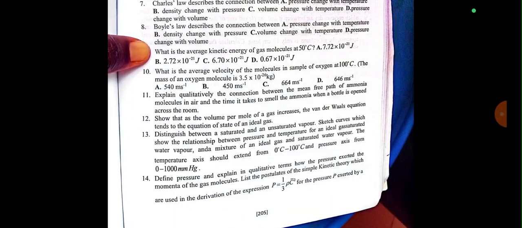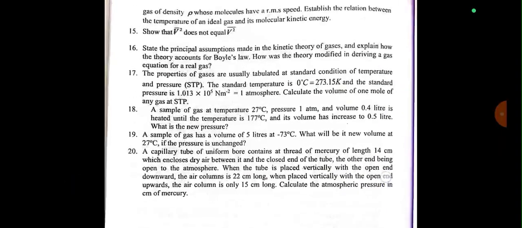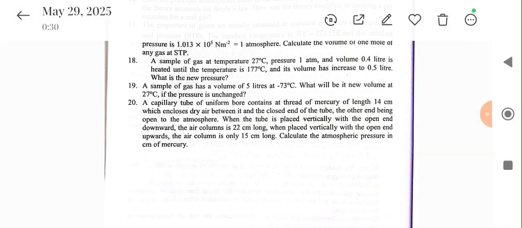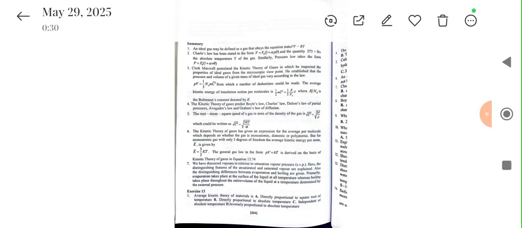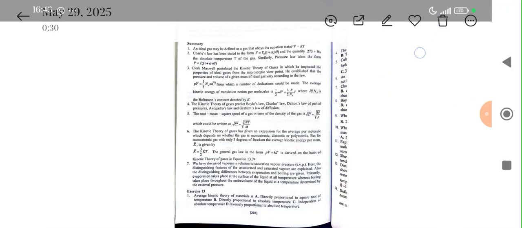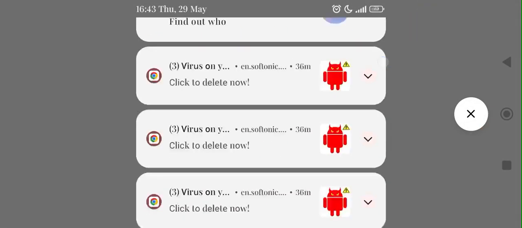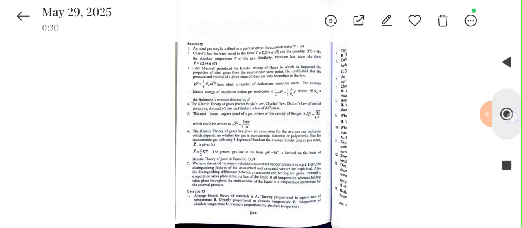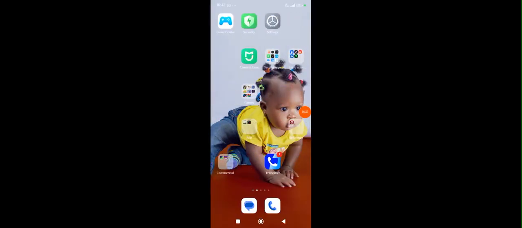If you go through the images, I've already snapped the exercises. But endeavor to get the textbook, it is going to help you a lot. So that's it. Let's say we are through with chapter 13 so far. Next video we will treat other stuff. So that's it.